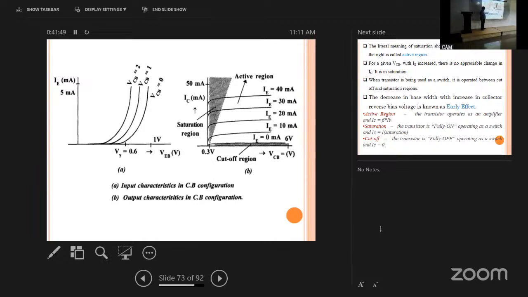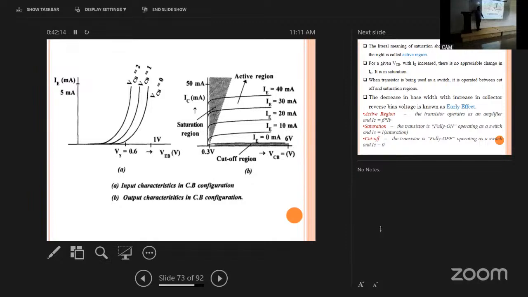Input characteristics means input voltage and input current. What is the input voltage? The emitter-base voltage. What is the current? The emitter current. Here the emitter-base voltage goes from 0 upward as I increase it, and we observe the emitter current.